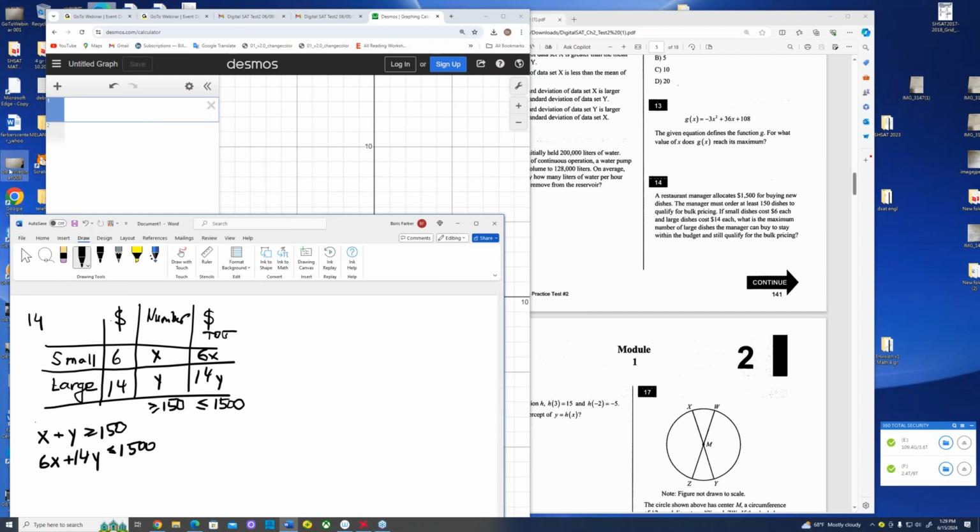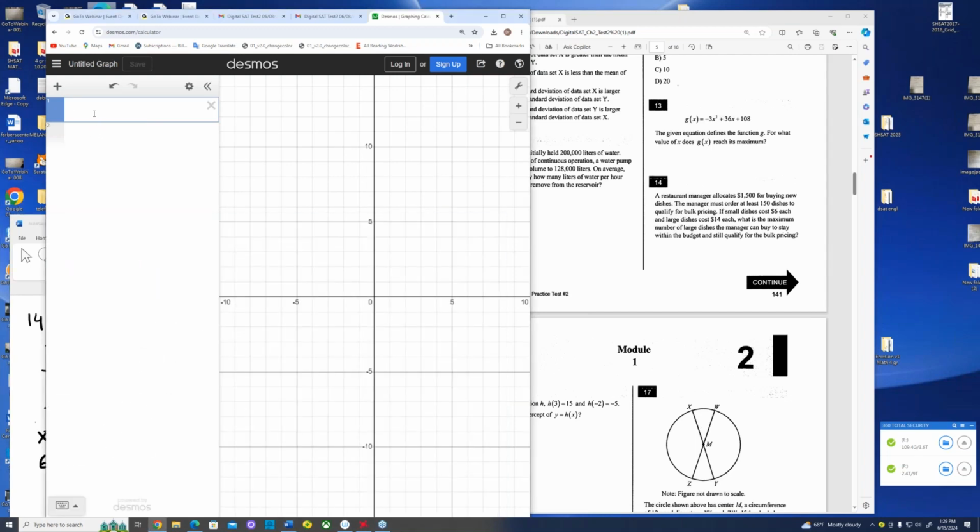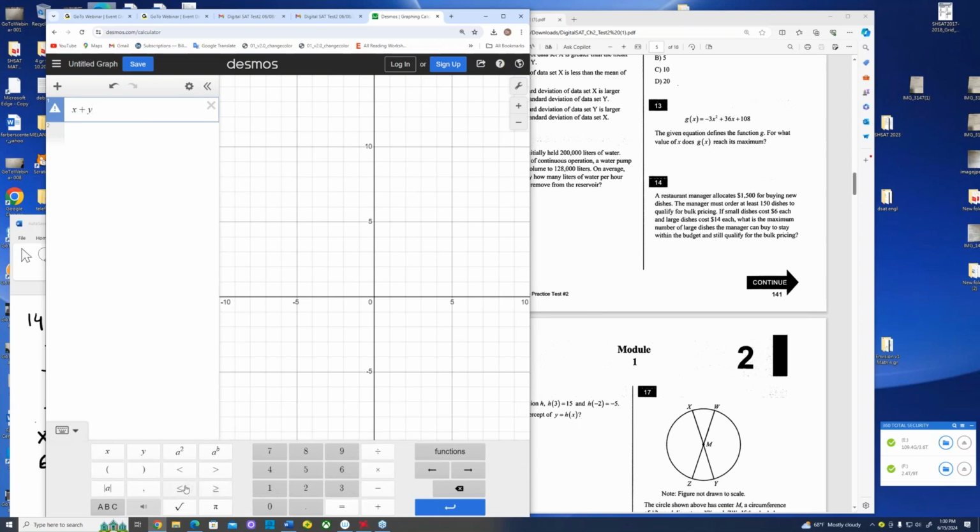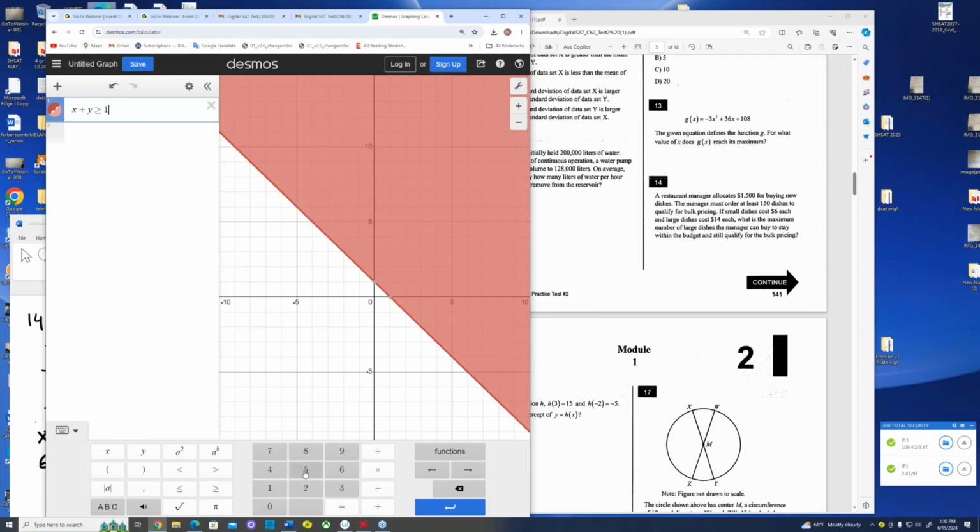Let me type this here in Desmos. So x plus y is supposed to be, not less or equal, it's greater or equal to 150 dishes.